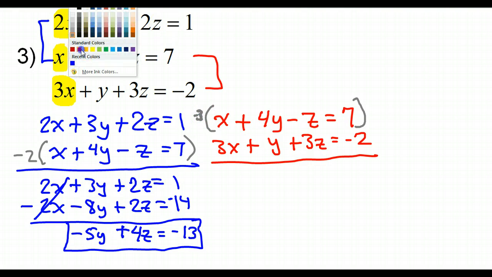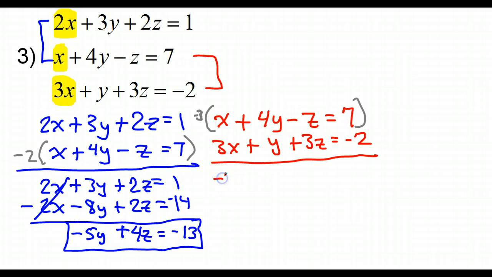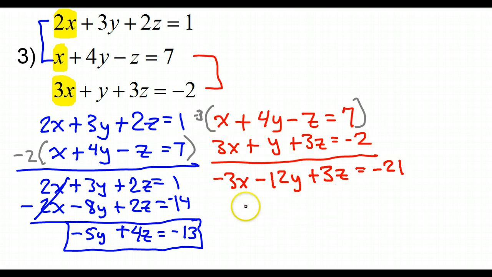So this is going to become negative 3x minus 12y plus 3z is equal to negative 21. The bottom equation just stays the same: 3x plus y plus 3z is equal to negative 2.